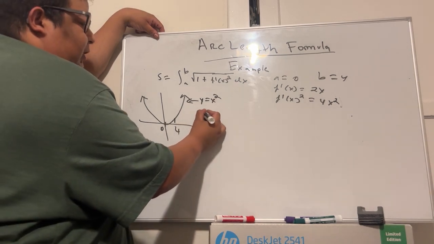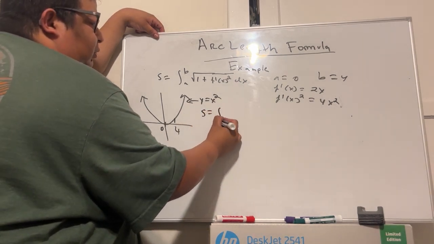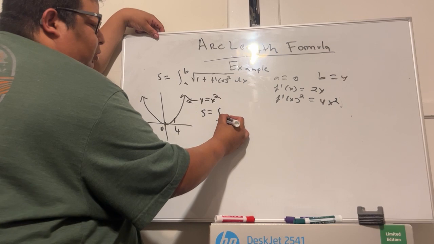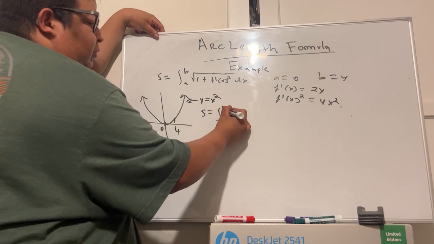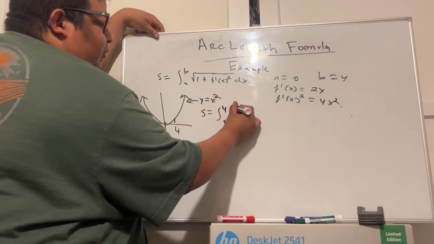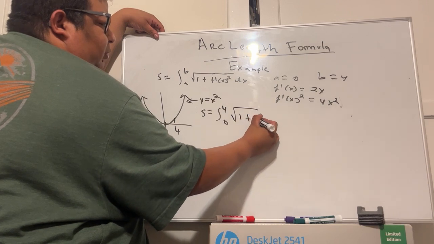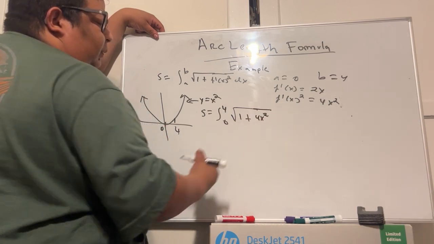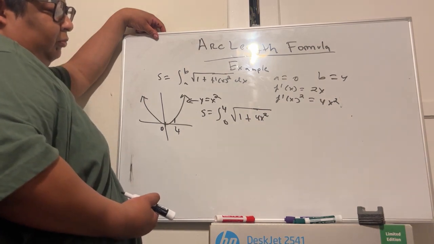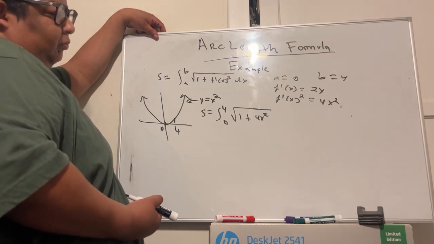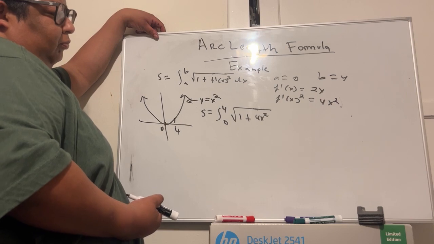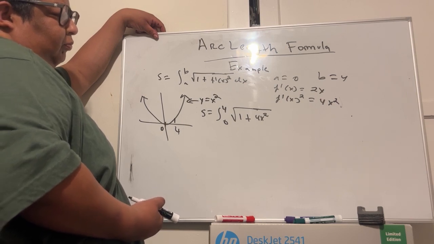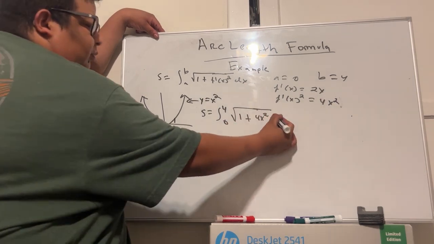That means that s is equal to the integral from 0 to 4 of the square root of 1 plus 4x squared dx.